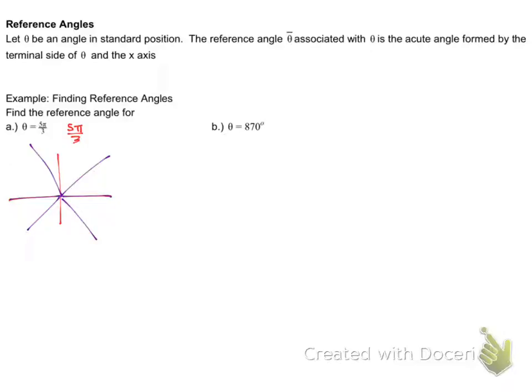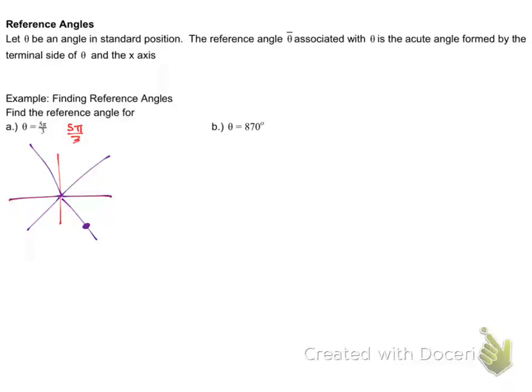Each pie gets cut into 3 pieces. The thing about it is how many of them I move. How many pies over 3 do I have? What's the number? 5. So here's 1, 2, 3, 4, 5. So I actually stop here.